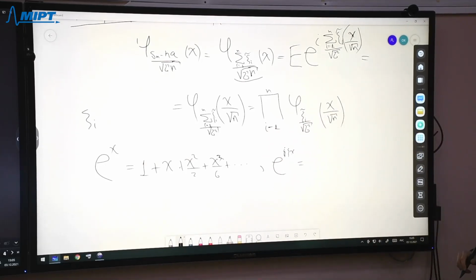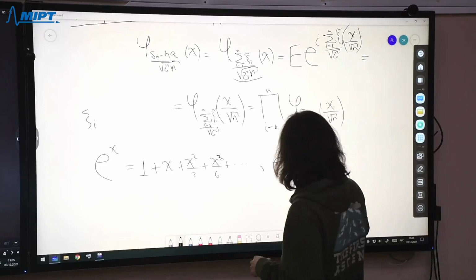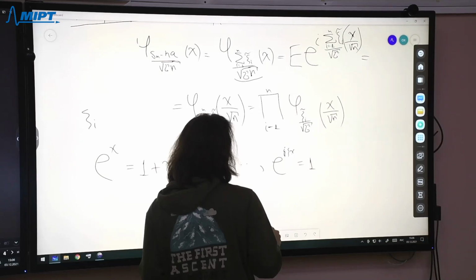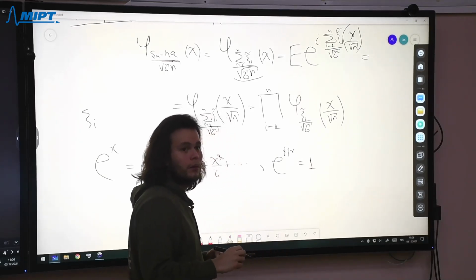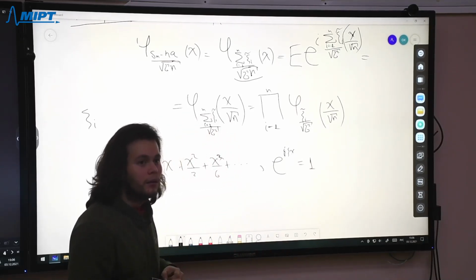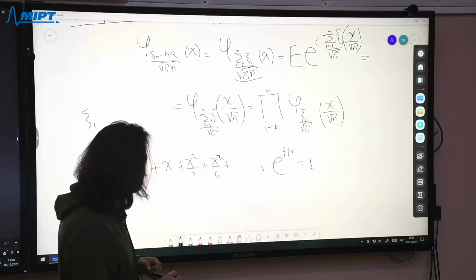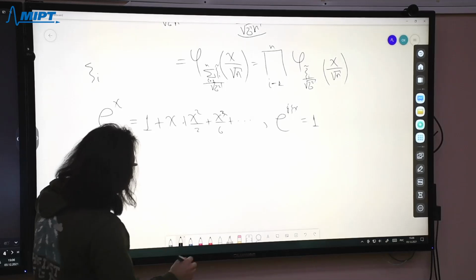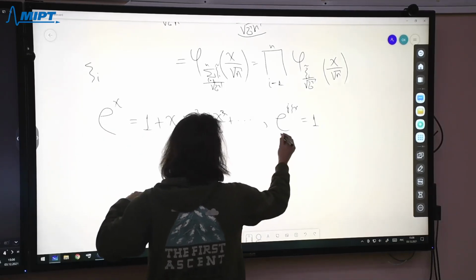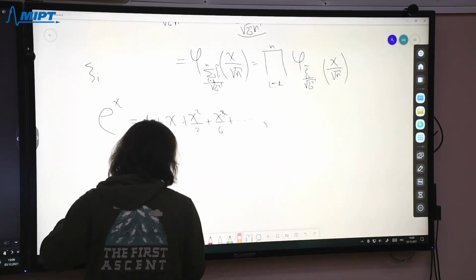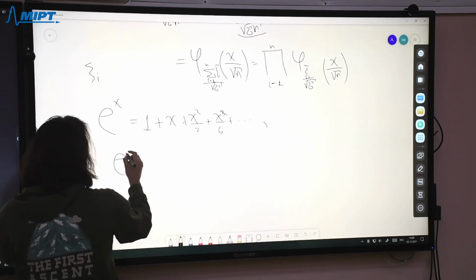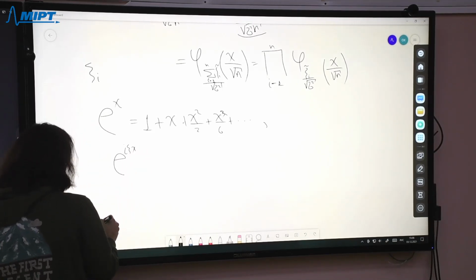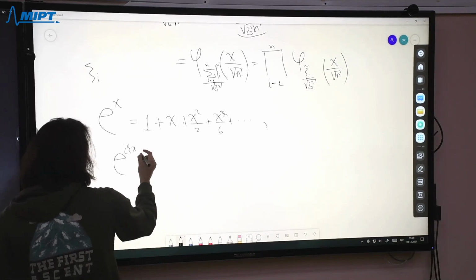Then we obtain the following. This is going to be 1. Okay? But now we need the Taylor expansion of this again, i psi x. We need it in the point 0.